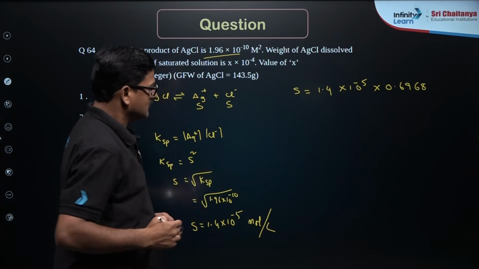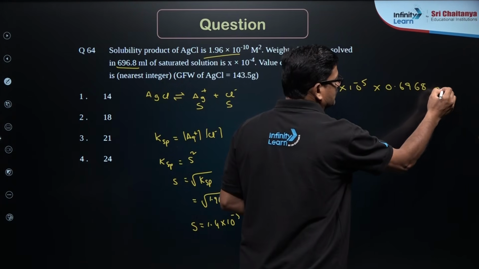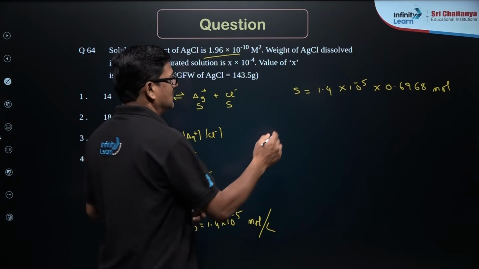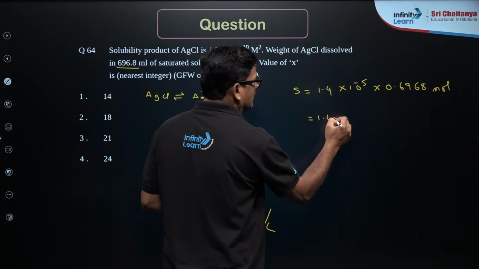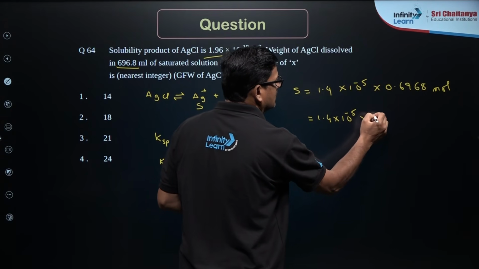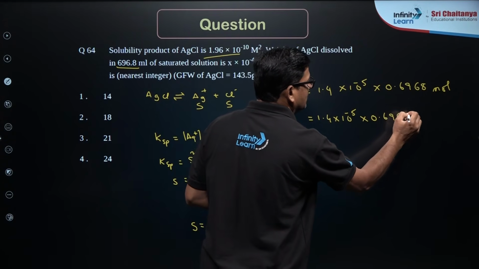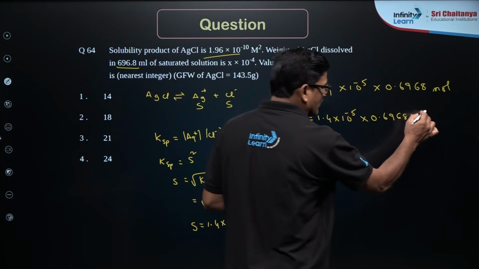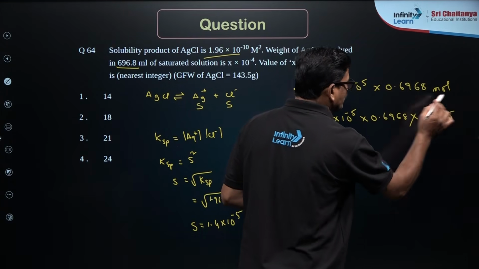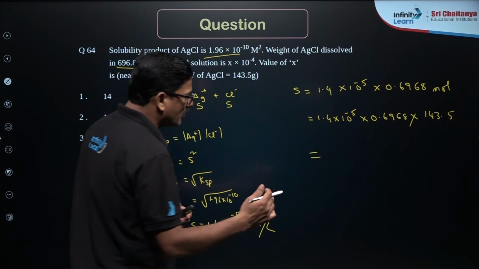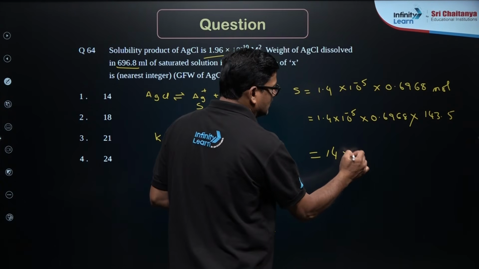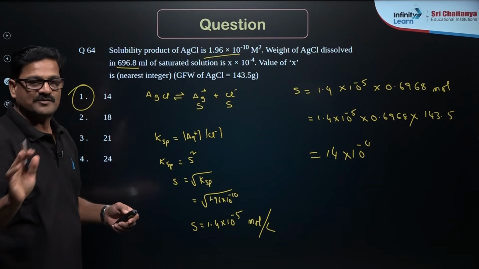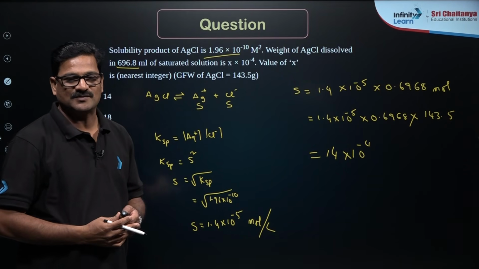And for the mass that is used here, we multiply this with the molecular mass of AgCl, which is 143.5. On doing so, you are going to get 14 into 10 raised to negative 4. So option 1 is the correct answer for this question.